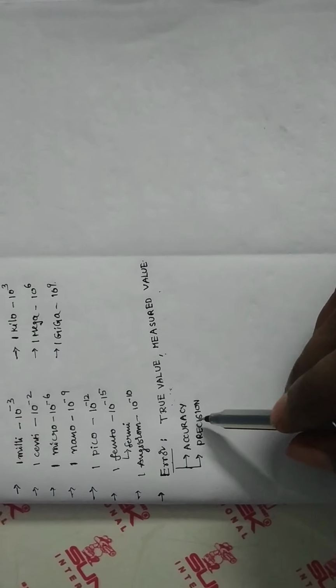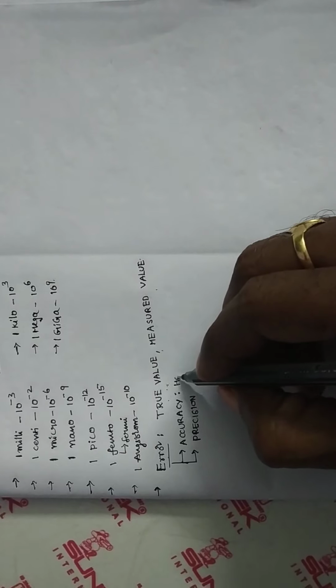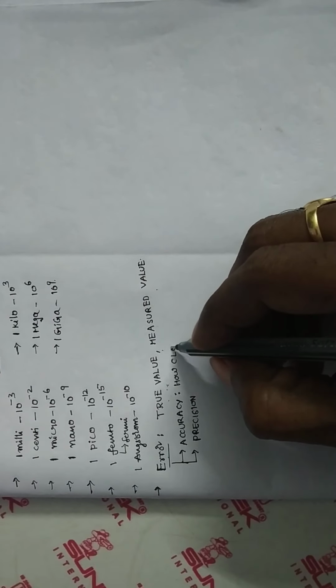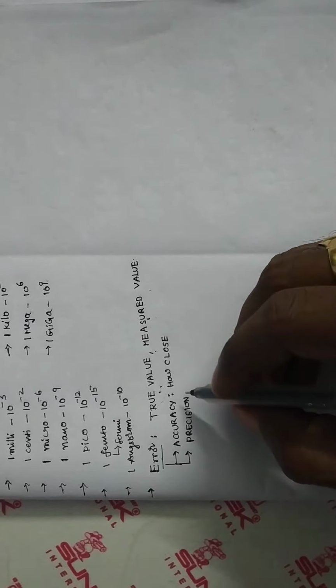Accuracy and precision. So accuracy is nothing but how close the measured value is to the true value.